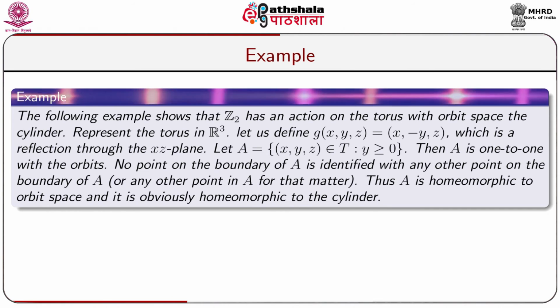Thus, we have that a cylinder can be obtained as an orbit space of the action of the group Z2 on the torus. So, in this chapter we have discussed orbit spaces.